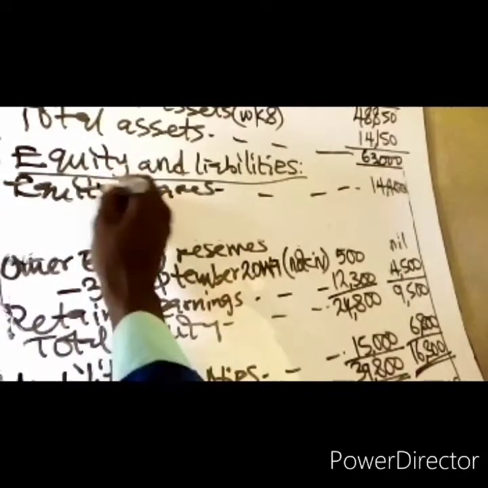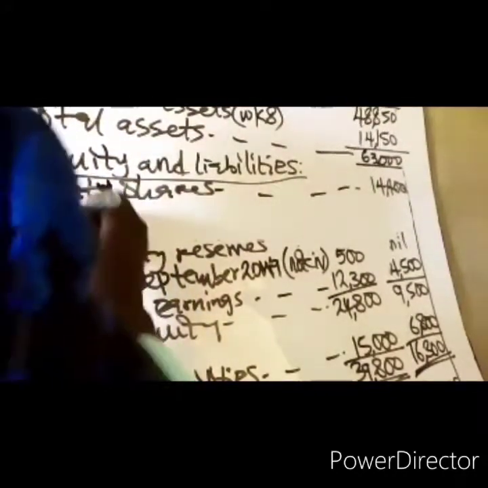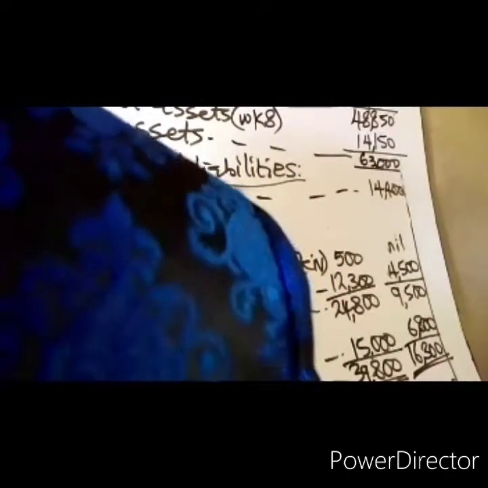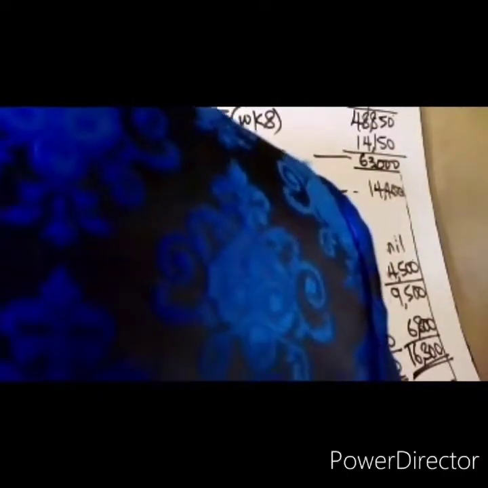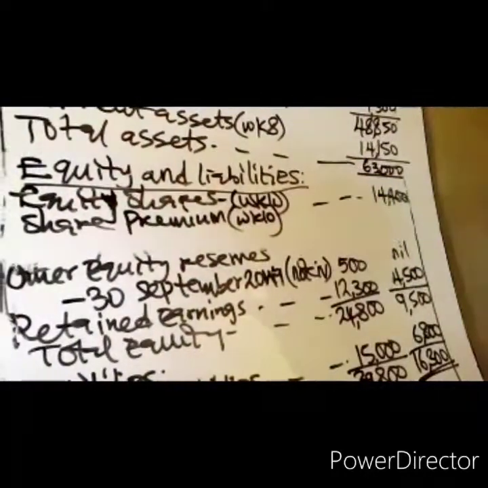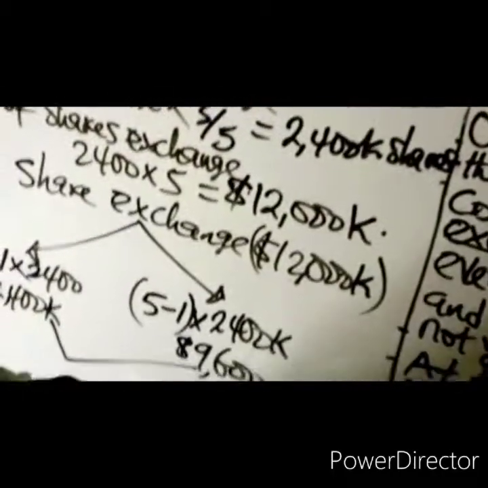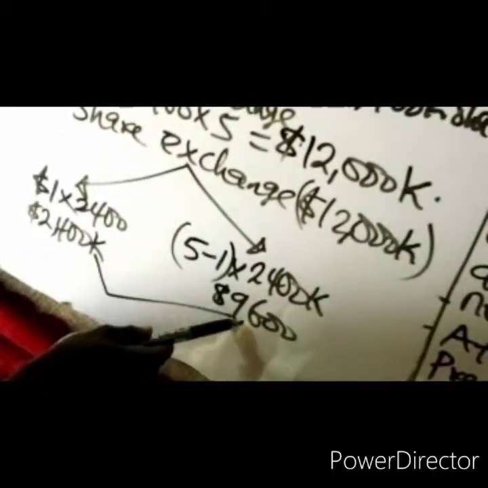So the amount of share premium that will appear in the consolidated statement of financial position will be the share premium on the share consideration or share exchange. This is working 10. The premium on share exchange or share consideration of 9.6 million. So that will be added.